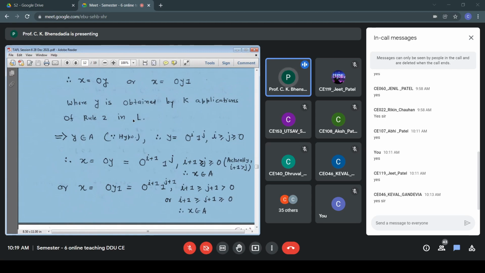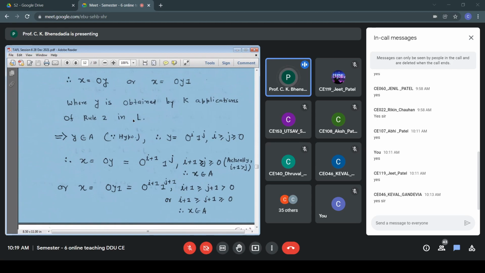So it is 0 followed by 0 raised to i, 1 raised to j. That becomes 0 raised to i plus 1, 1 raised to j. And definitely, because i is greater than or equal to j, I can say i plus 1 is also greater than or equal to j, which is greater than or equal to 0.